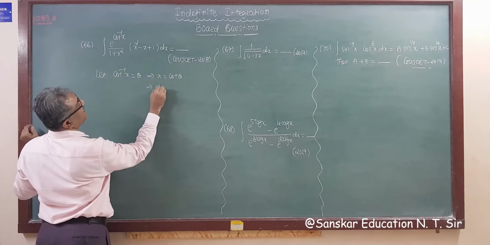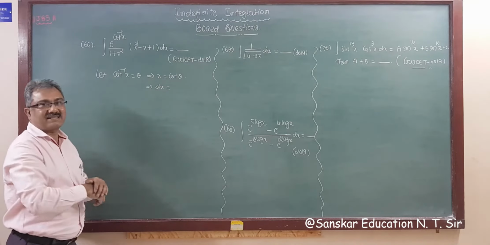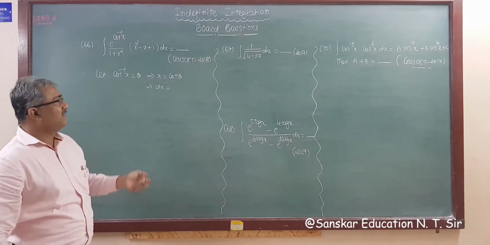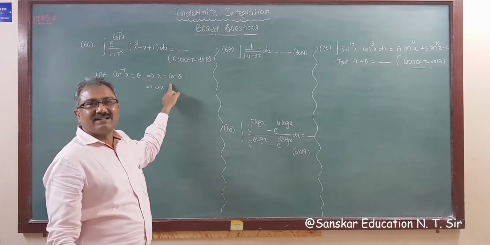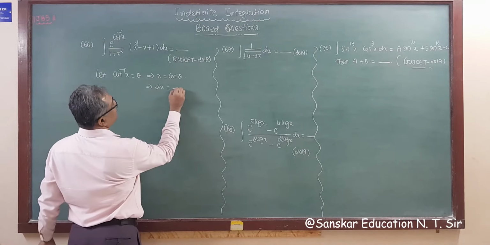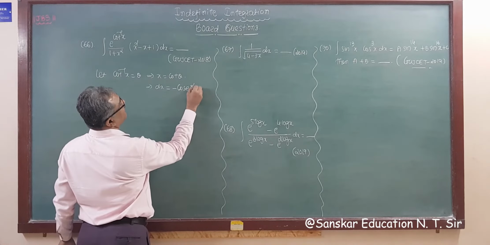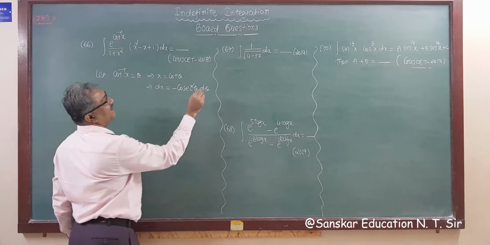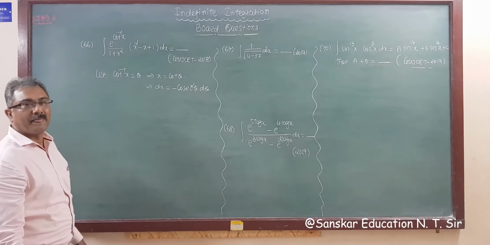That is dx is equal to derivative of cot theta, right? Derivative of cot theta is minus cosec square theta d theta, right?